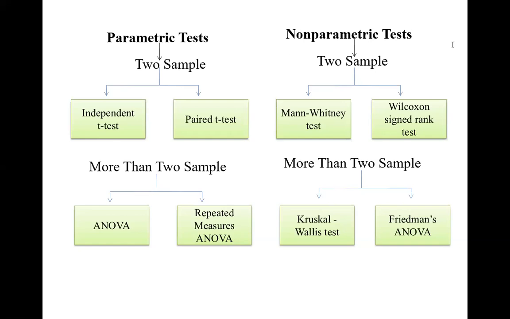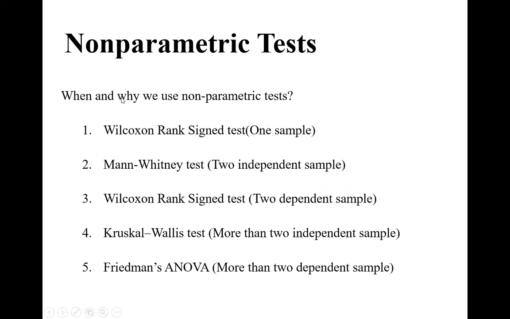So this is about the non-parametric tests. Now, what type of data is required for the non-parametric test? When and why do we use non-parametric tests? I told you, when the assumptions of the parametric test are not fulfilled, in that condition we use the non-parametric test.